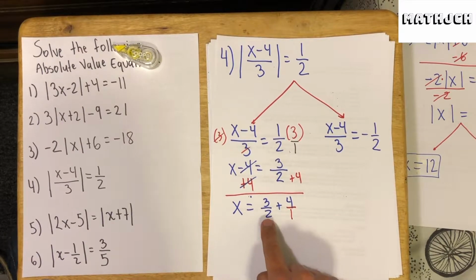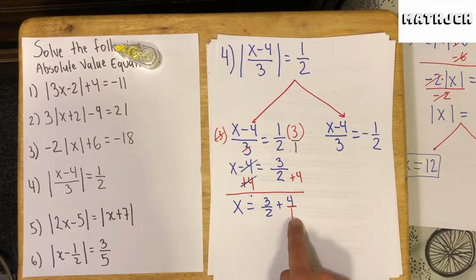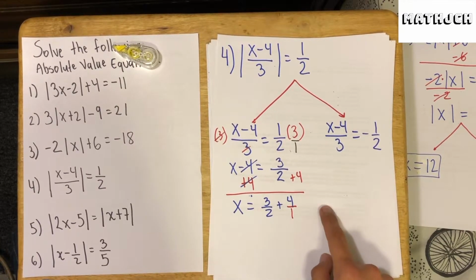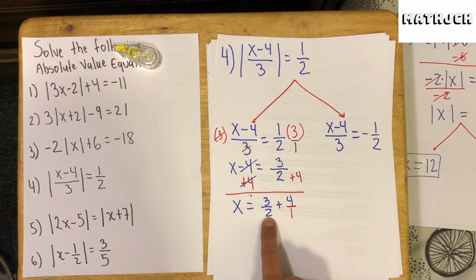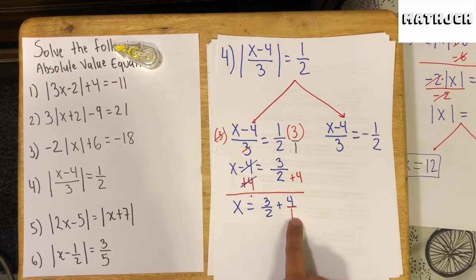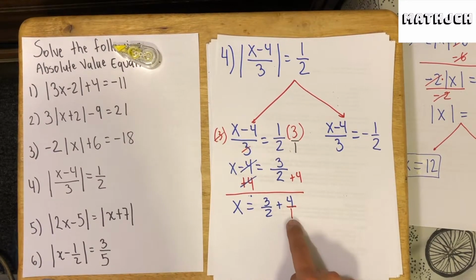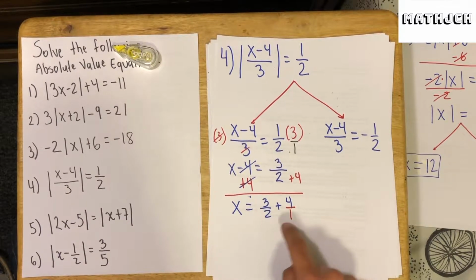Now, my denominator here is 2. My denominator here is 1. My LCD, or least common denominator, will be 2, because 1 doesn't count as a common denominator. That means that I could make this 1 a 2, right?